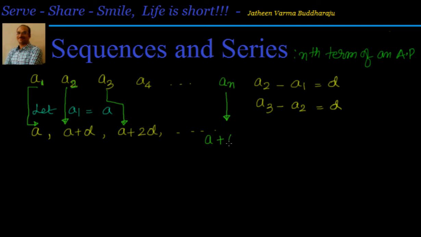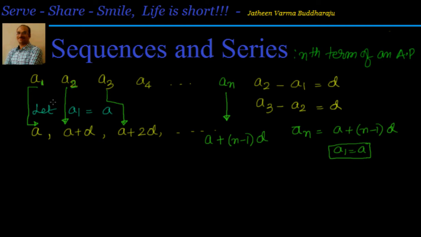So for the nth term it will be n minus 1 into d. This is how to find the nth term of an arithmetic series: an is equal to a plus n minus 1 into d, where a1 is a. Your first term is a, then an is given by a plus n minus 1 into d.